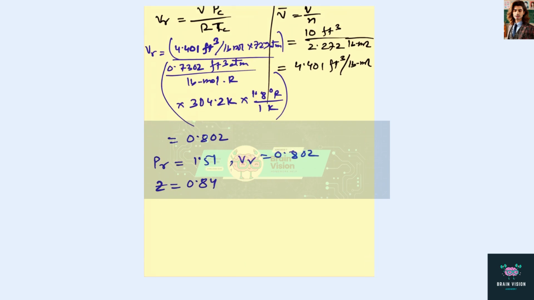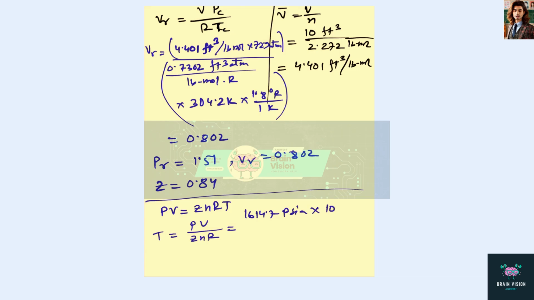Now we can use the compressibility factor equation of state, which is PV is equal to ZnRT, and we can calculate the temperature. Therefore T is equal to PV divided by ZnR. Pressure is 1614.7. Volume is 10 feet cube. Z is 0.84.